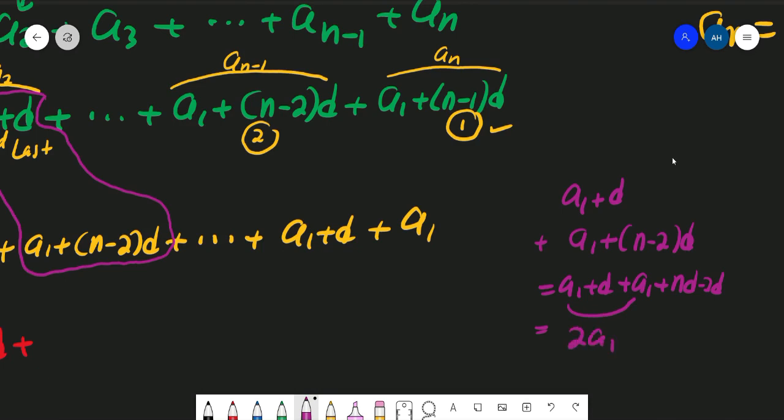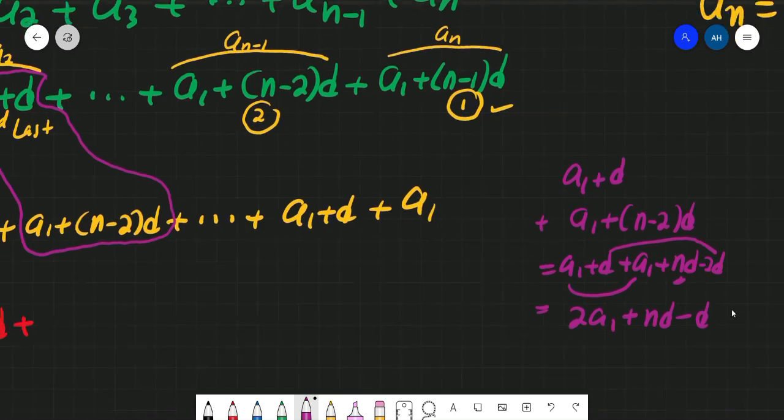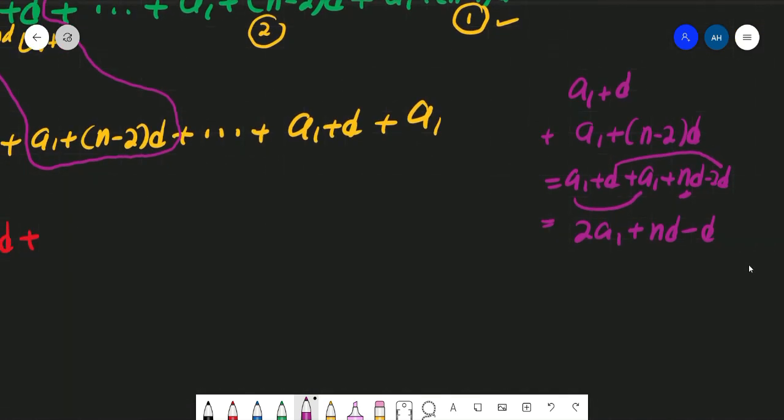We can simplify this one. d minus 2d is equal to minus d, but before that we have nd there. We have plus nd, and d minus 2d we have minus d. Now let's factorize this. So we have 2a1, we can factor d outside, and we have n minus 1.